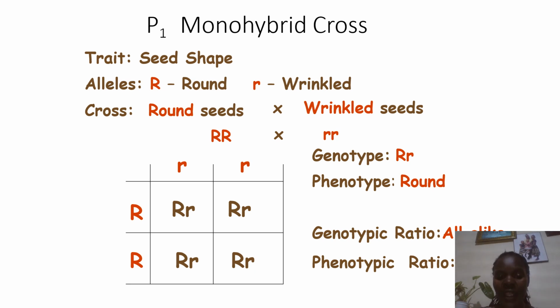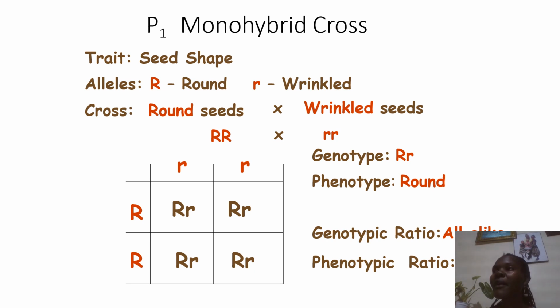Then in the four boxes which are in black, those are the first filial generation, or the F1. We'll get the capital R from one parent and the small r from the other parent, which will result in heterozygous. Same with the second box, the third box, and the fourth box. So all the F1s, the genotypes will be capital R, small r, or heterozygous.